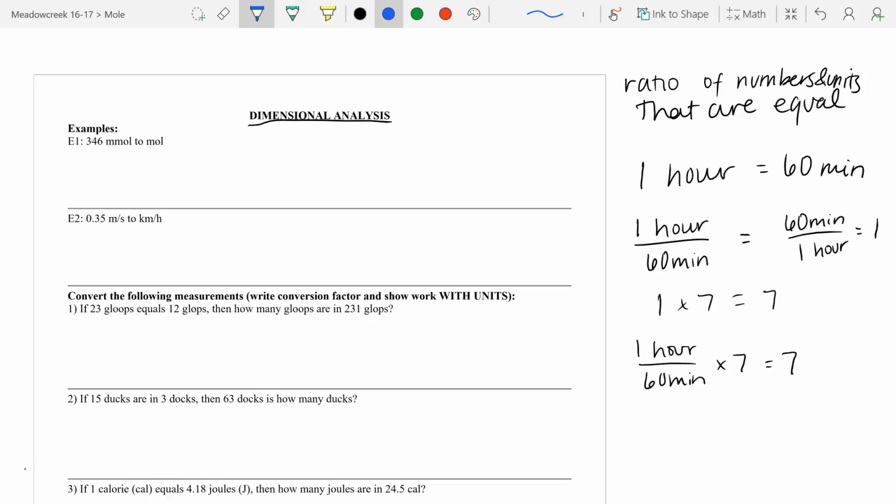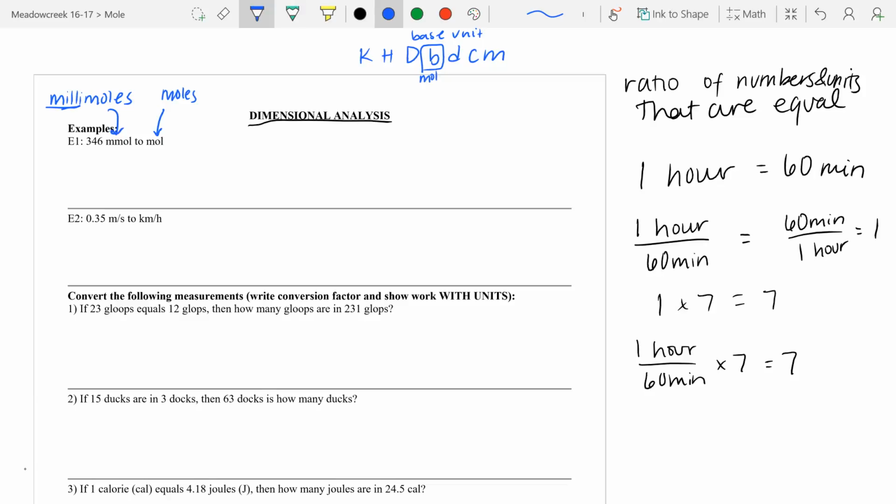So if we look at our first example problem, number 1, it says 346 millimoles to mole. So they want us to convert from millimoles right here into just normal moles. Now remember, milli is a prefix, so if you need to refresh your brain about King Henry died by drinking chocolate milk, okay, the prefix thing, we know that B is our base unit, basically what we start off with that has no prefixes, and the mole would be here.